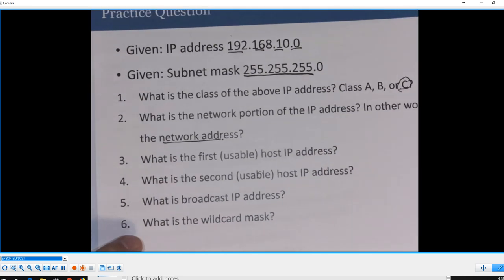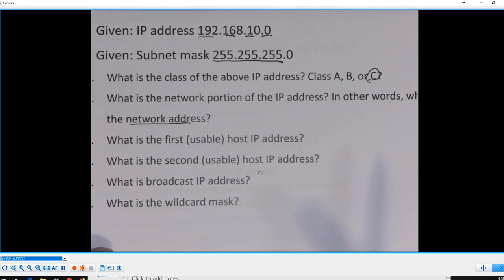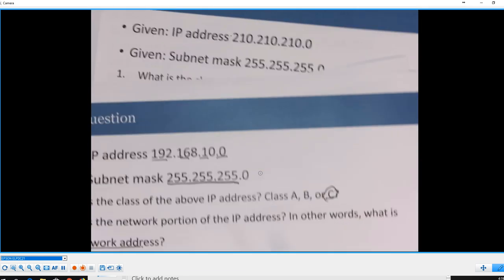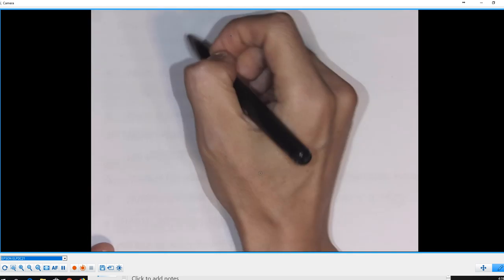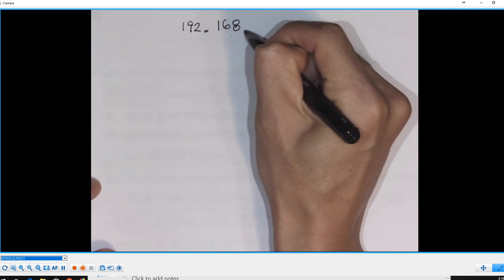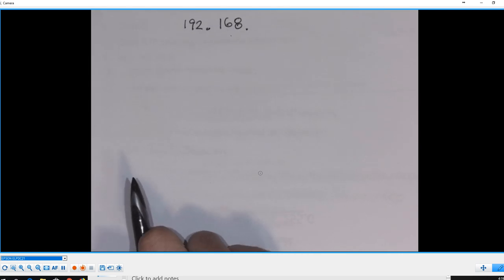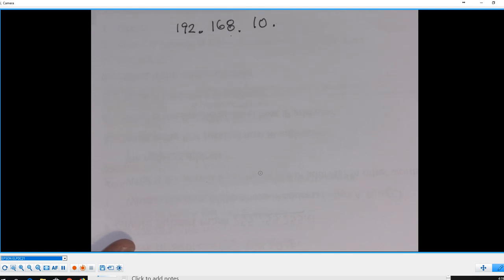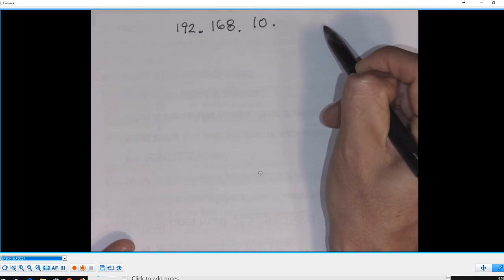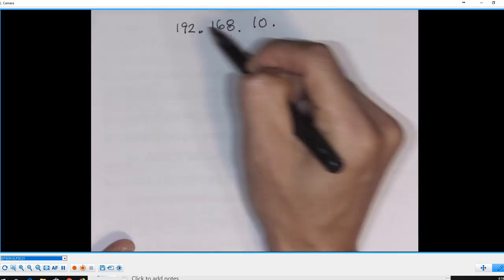So let me just draw the IP table. 192.168.10.0. Since this is a class C, the last octet, the fourth octet, is the one you really have to focus on.